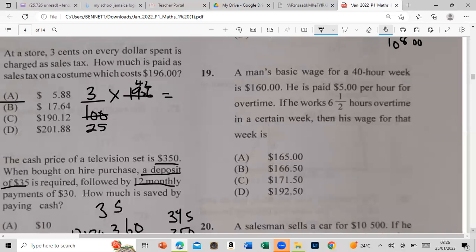So a man's basic wage for a 40-hour week is $160. He's paid $5 per hour for overtime. If he works 6.5 hours overtime in a certain week, then his wage for the week is, alright, so let's go. So it's a 40-hour week.